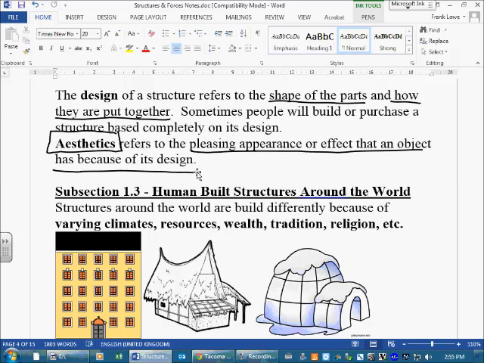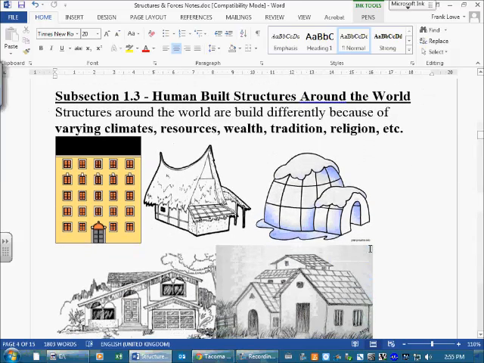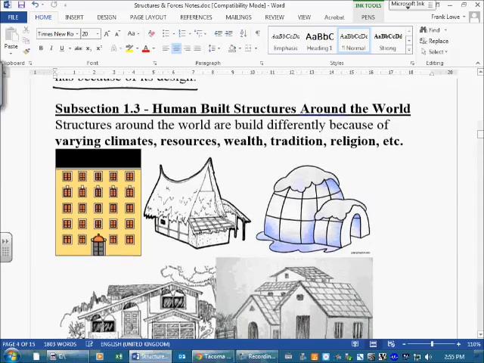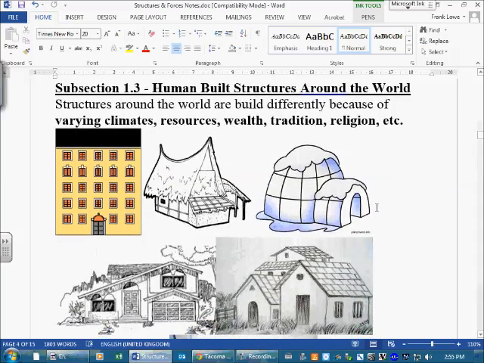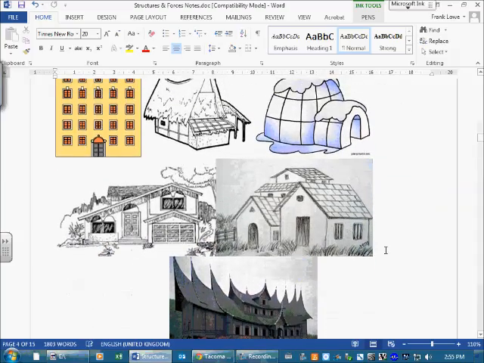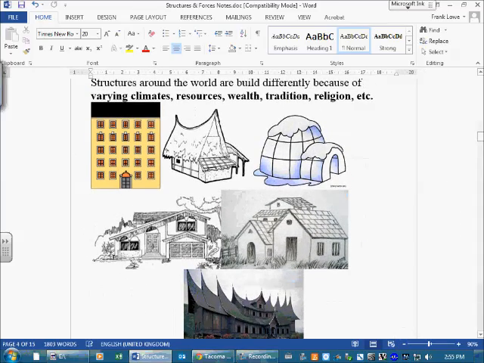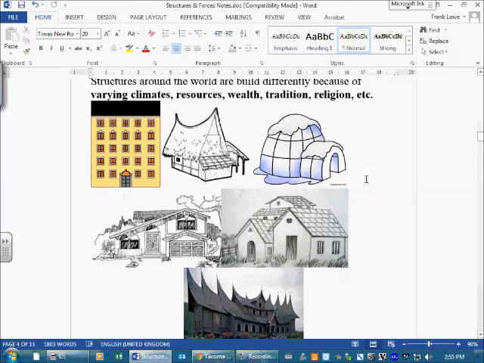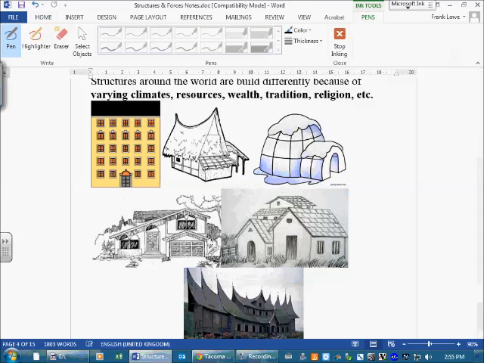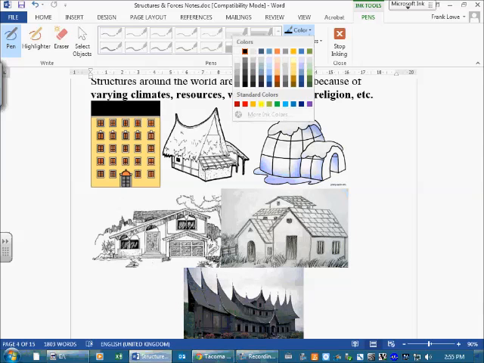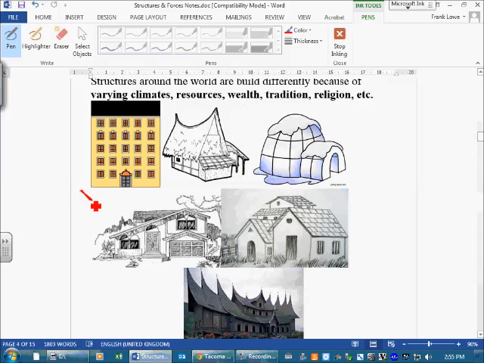Now the last thing we're going to do in this little section is take a look at, again, the design of things. In this case, we're going to look at the design of buildings and why certain buildings are built differently. If you take a look at all these different buildings, there's an apartment building right here.